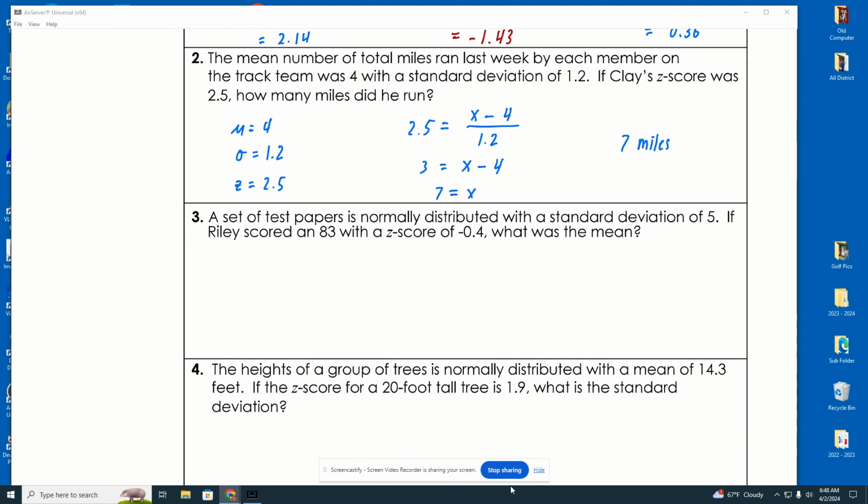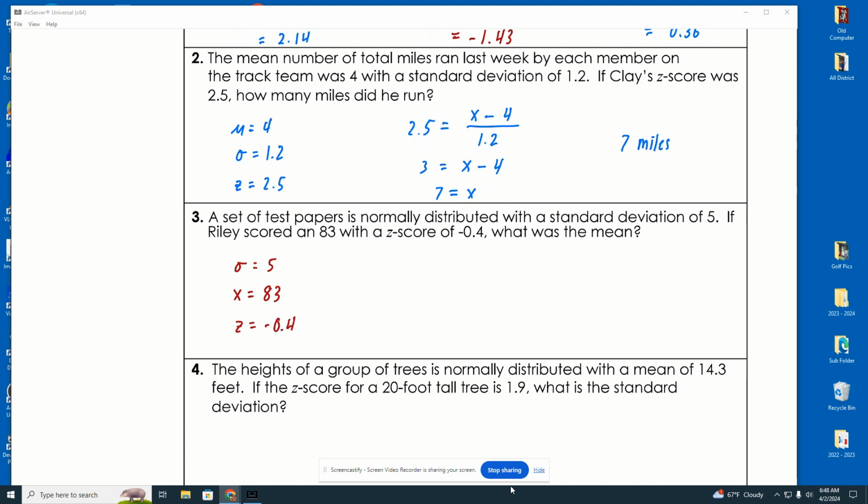Look at number 3. A set of test papers is normally distributed with a standard deviation of 5. Okay, so my standard deviation is 5. And it tells me that Riley scored an 83. Well, that's a specific person's score. That's x, 83. And he had a z-score of negative 0.4.